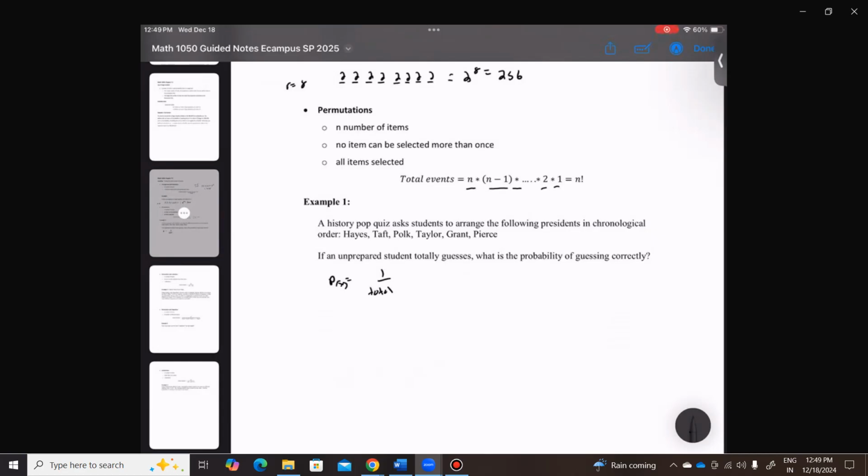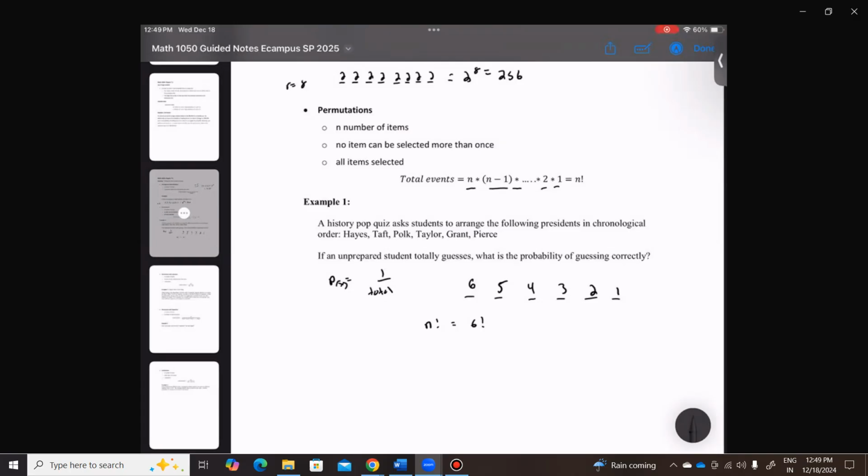Right, and so we have 6 possibilities. But once you select a president, you can't select the same one twice. So the first selection has 6 choices. The next selection has 5 choices, then 4, then 3, then 2, then 1. And so this becomes n factorial, which will be 6 factorial.